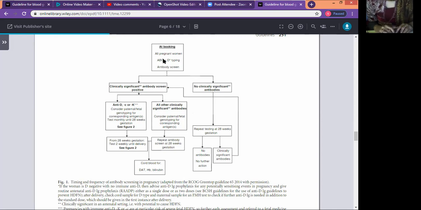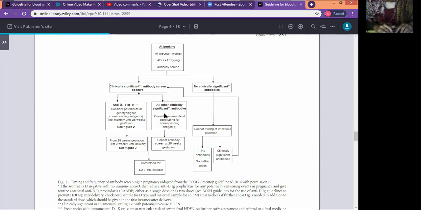Now, if the screen is positive at booking and antibody identification shows that it is D, small c or KEL positive, then we need to consider fetal and paternal phenotyping and fetal genotyping. The monitoring would be monthly till 28 weeks and then two-weekly until delivery.